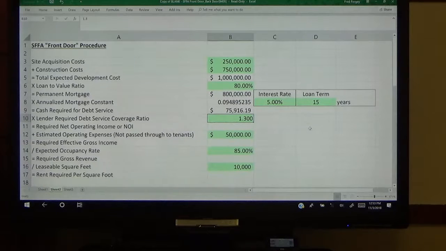So for that cell, all we're doing is what it says here. We're multiplying the permanent mortgage of 800,000 times the annual mortgage constant to give us the cash required for our debt service, in this case on an annual basis, total.